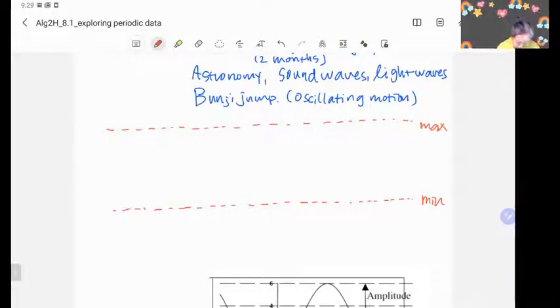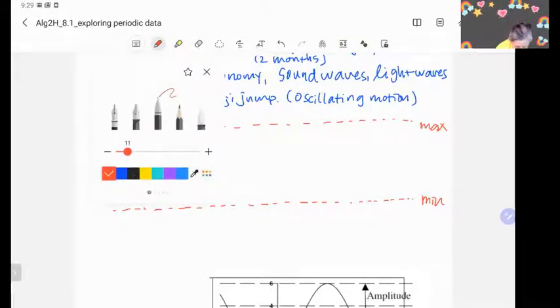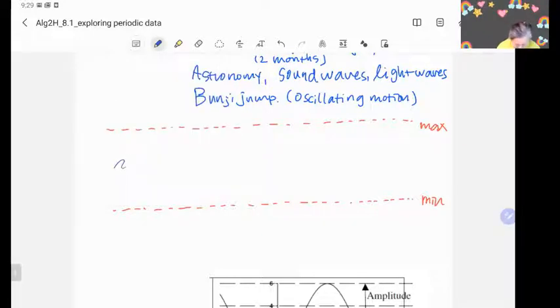Let's get the mid position in the middle between maximum and minimum, and we call this the midline, okay?